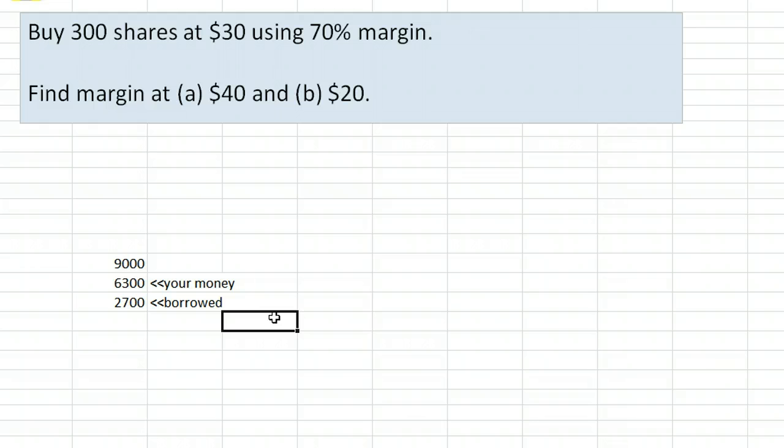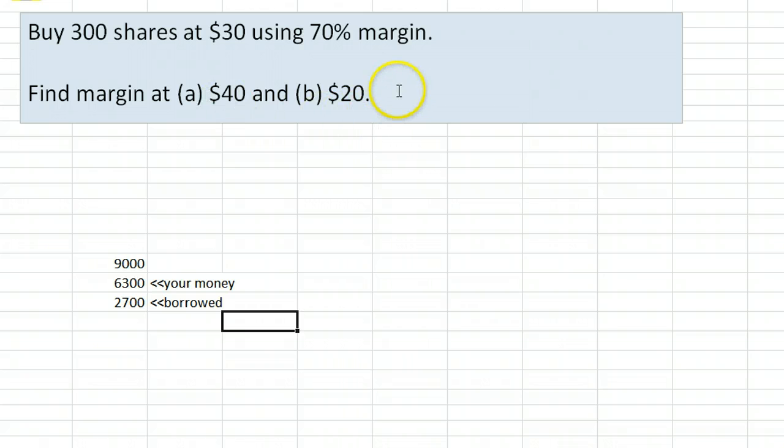So once we've established that, the price of the stock that we've purchased may change, and then we might want to see what our margin is at different prices. So first we're going to find the margin again. It's going to change from the 70% if the price of the stock goes up to 40.